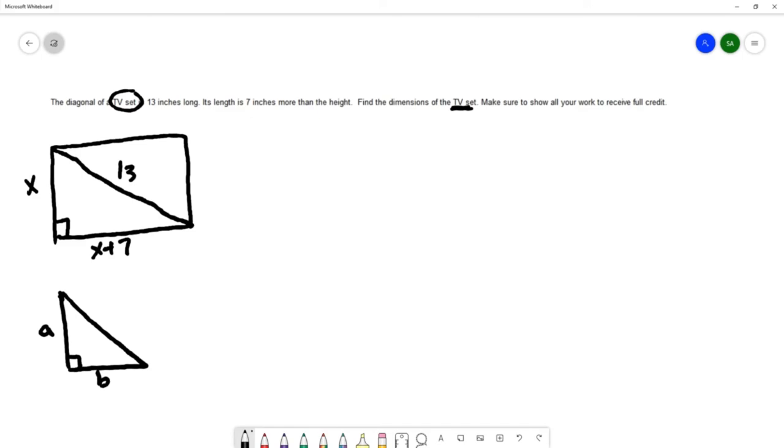And opposite of the right angle, we have C, which is the hypotenuse. The Pythagorean theorem says that the sum of the squares of the legs is equal to the square of the hypotenuse.